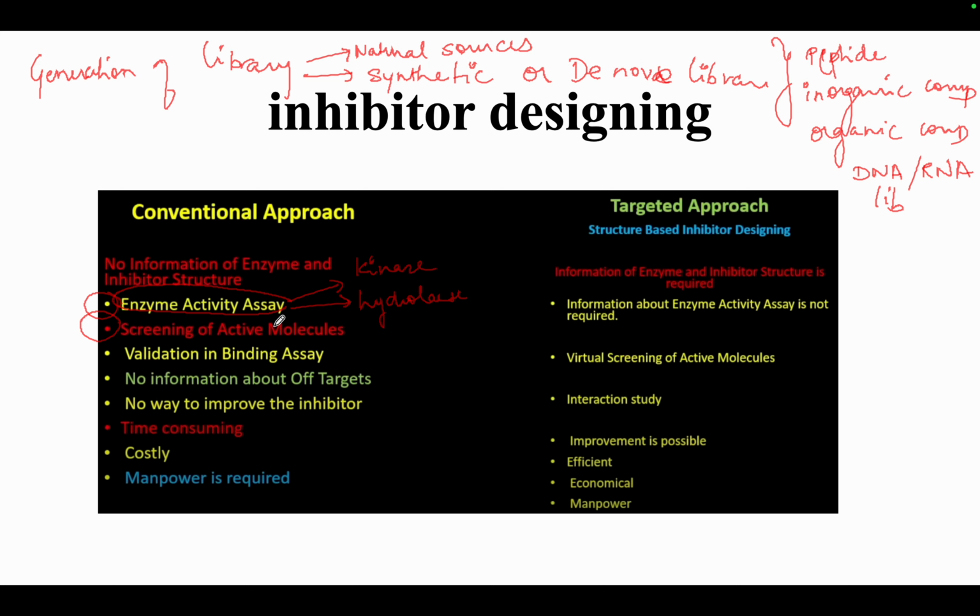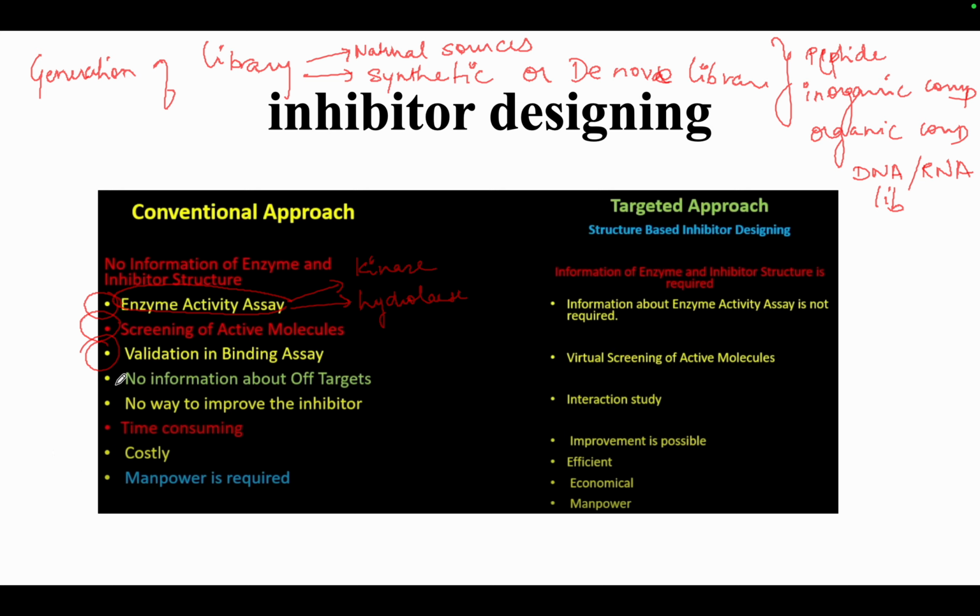Then we do a binding or validation assay. After screening, we basically select the best possible candidates from the library we have screened.